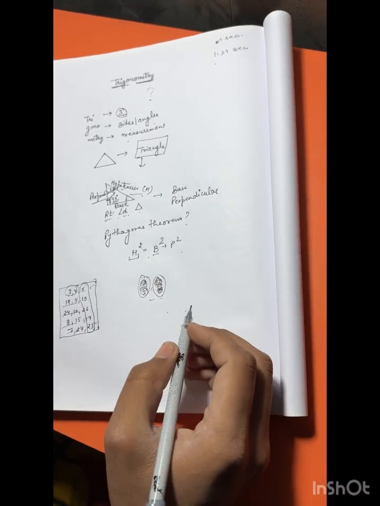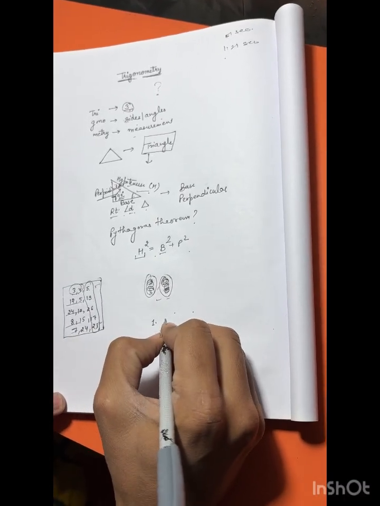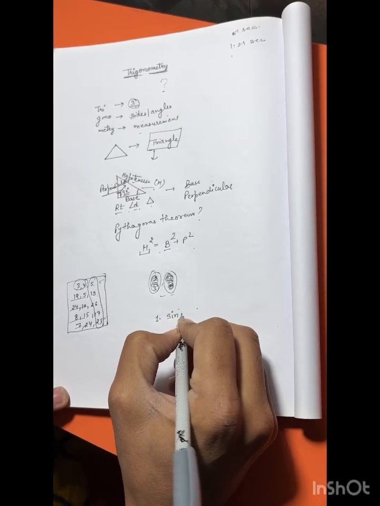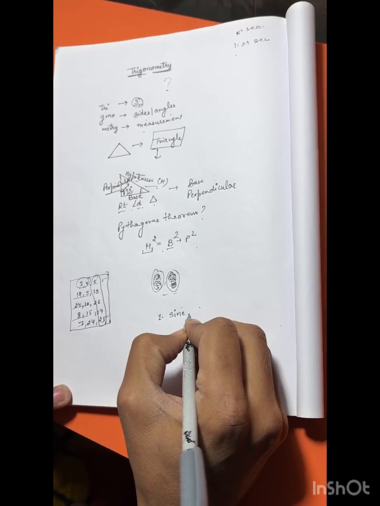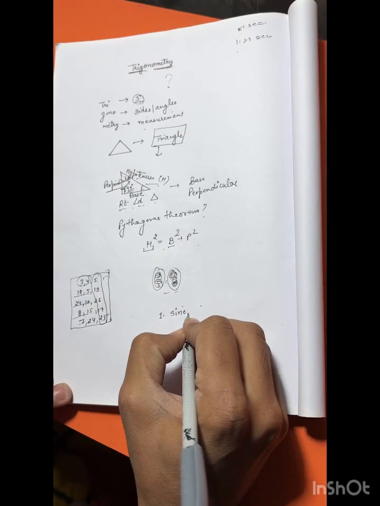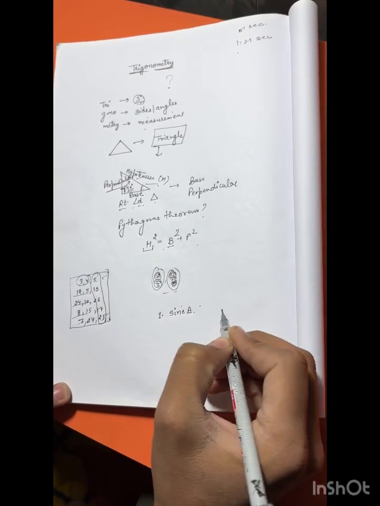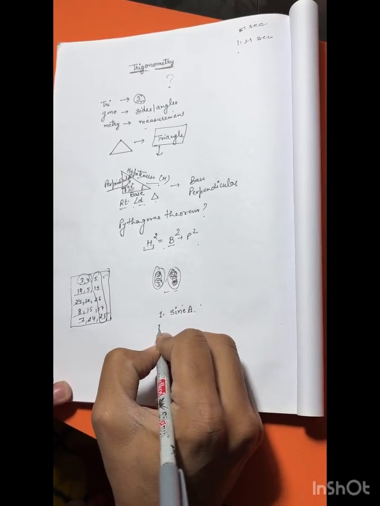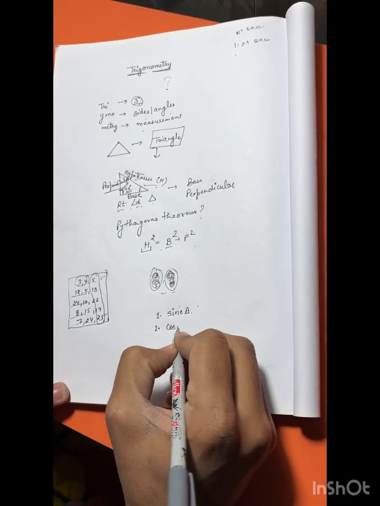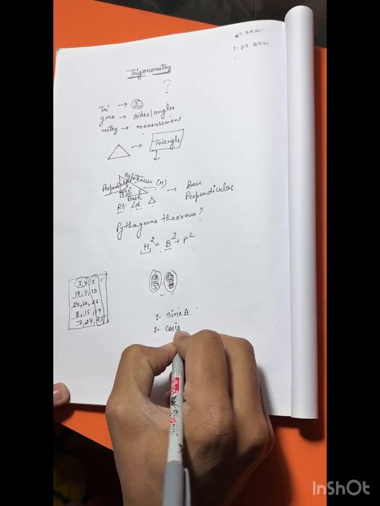So the six trigonometric ratios are: first is sine, and we should also write its angle. It could be A, B, or any angle name. Then cos, its complete name is cosine.